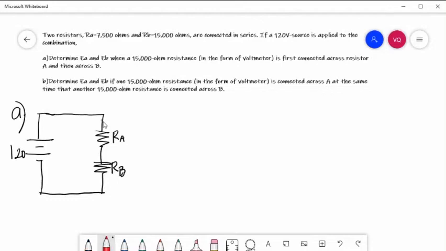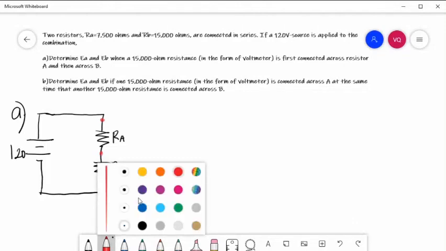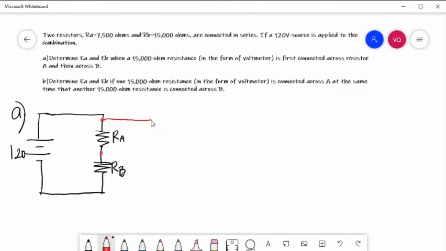So, we have a voltmeter here across resistor A in the form of a resistor. So, let's say this is VA or EA.